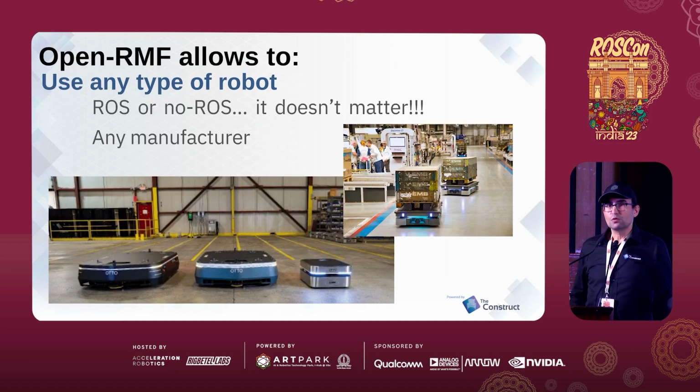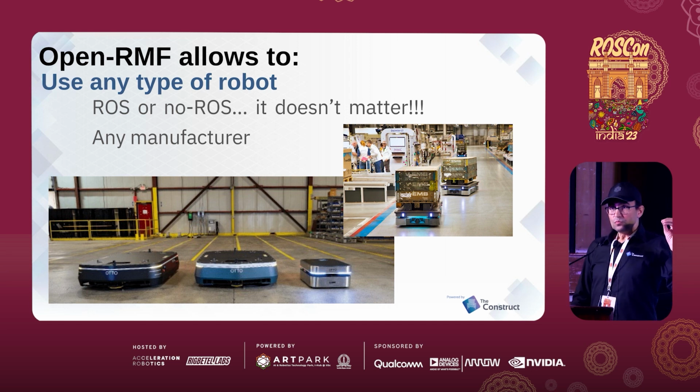First of all, with OpenRMF, you can use any type of robot. Even if OpenRMF has been done by Open Robotics, that doesn't mean that your robot has to be running ROS in order to be useful in OpenRMF. You can use any type of robot as long as the manufacturer provides a communication layer.